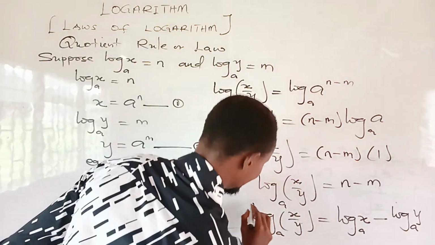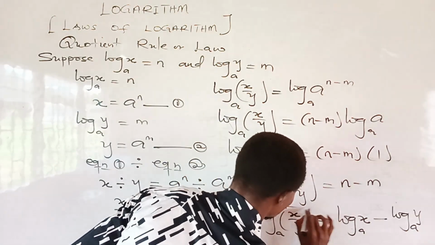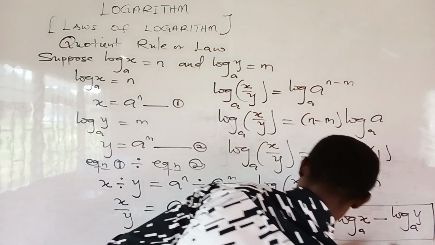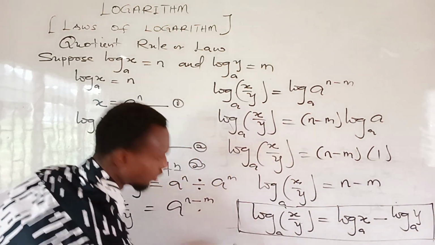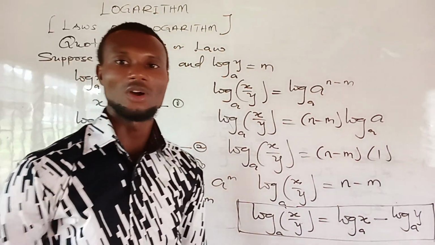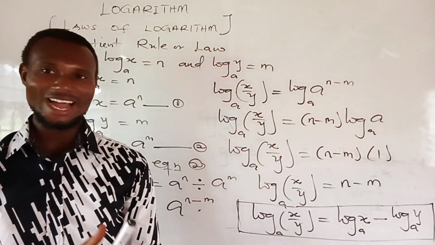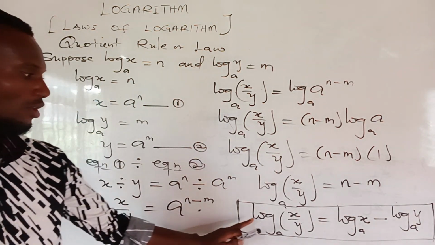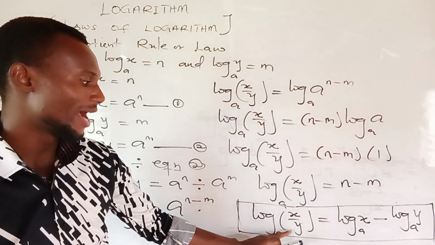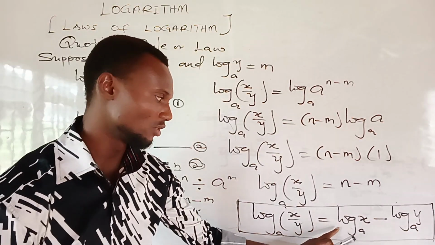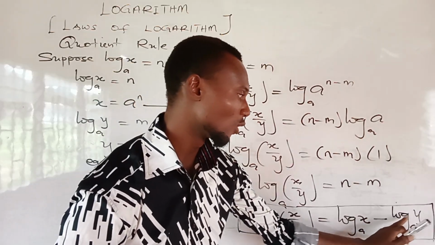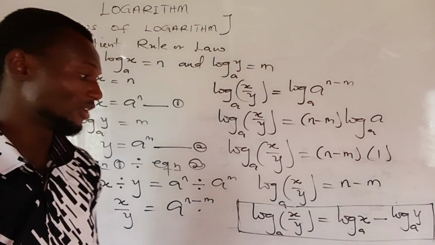So this whole thing that you see here, it's the quotient law or rule of logarithm. I hope you understood it. Okay, so that's the law. We have log s over y to the base a equals log s to the base a minus log y to the base a. As simple as that.